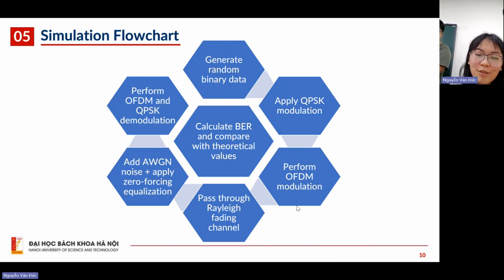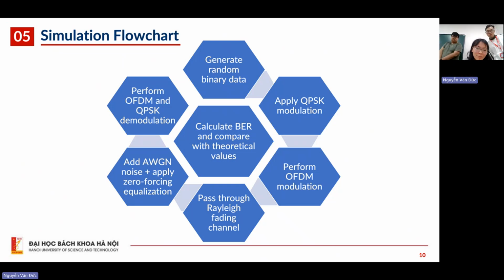After that, we pass through the Rayleigh fading channel, add noise, and apply zero forcing equalization. The following step is to perform OFDM and QPSK demodulation, and finally we calculate the BER and compare with theoretical values.